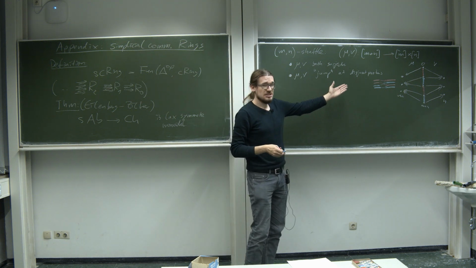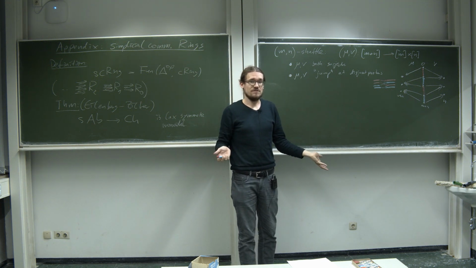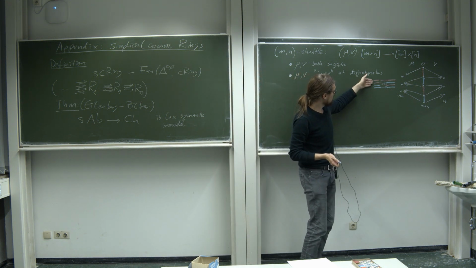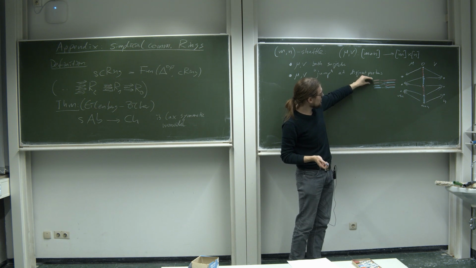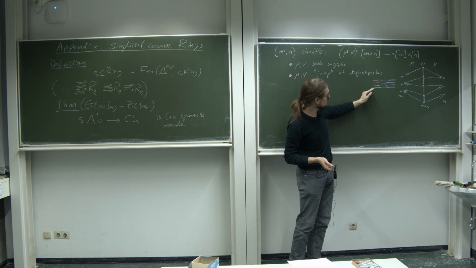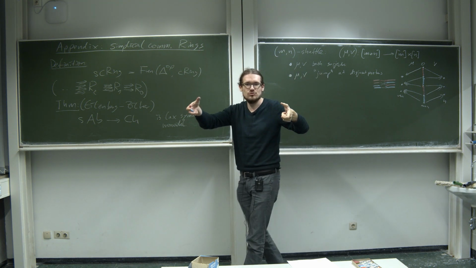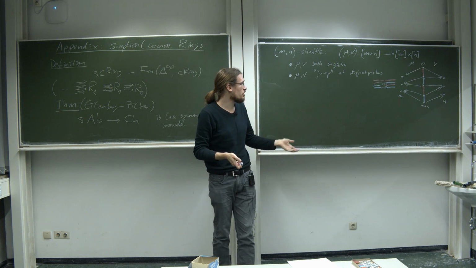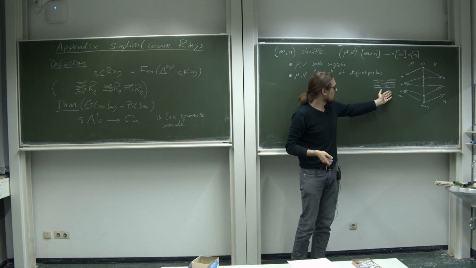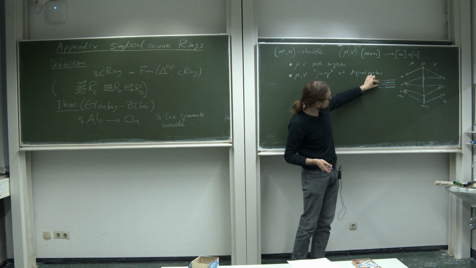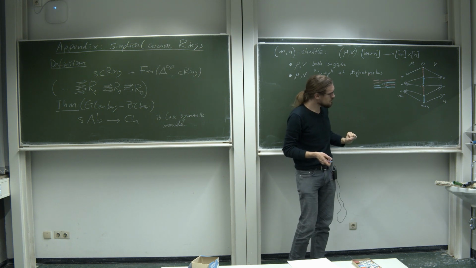So associated to such a shuffle is also a permutation of cards, right? If you start with the kind of trivial shuffle where first you have all the red cards and then you have all the blue cards, then there's a unique permutation that basically does what you would do if you would shuffle these two stacks together, like you do here. In this case, you'll see that that permutation simply swaps the inner two ones.